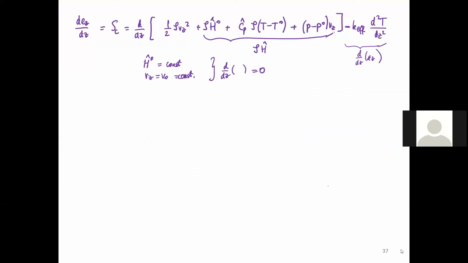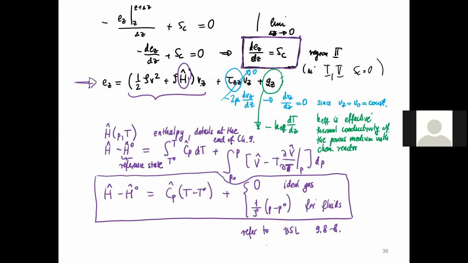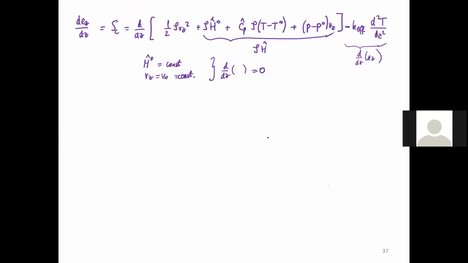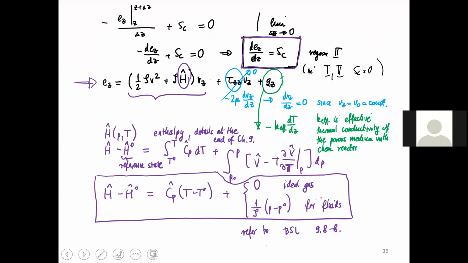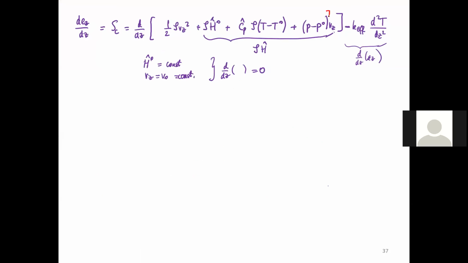Okay, so this is rho H0. I did not multiply anything actually, except for this one. So I'm going to do this and then multiply it with Vz. This here is rho h.